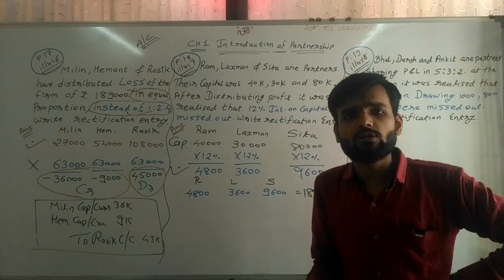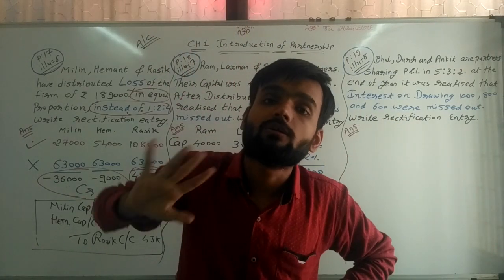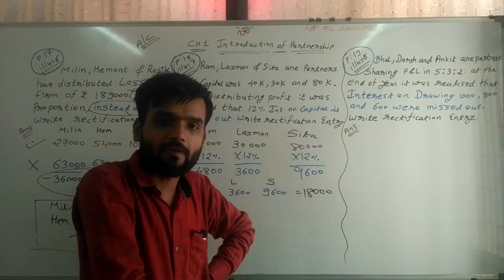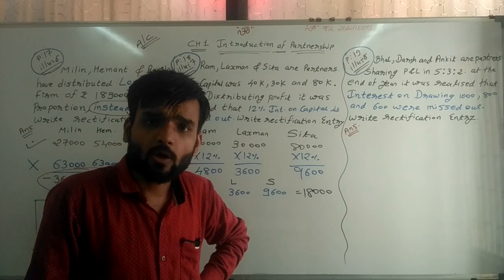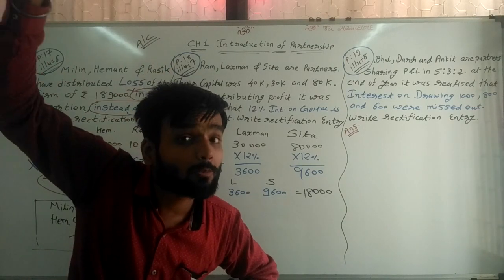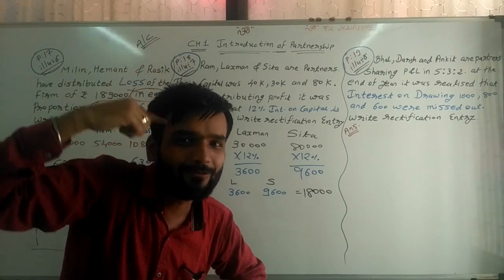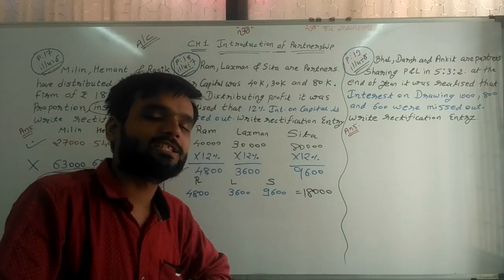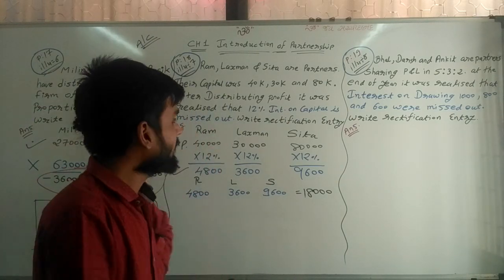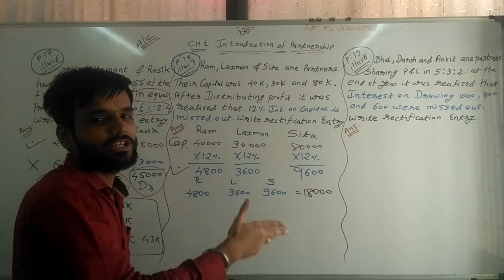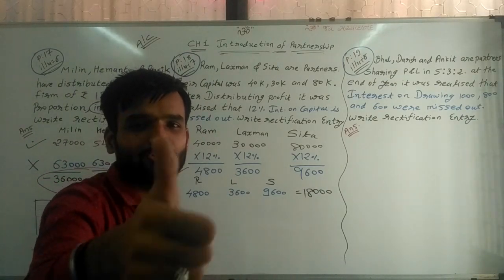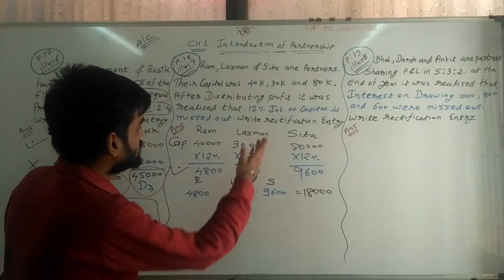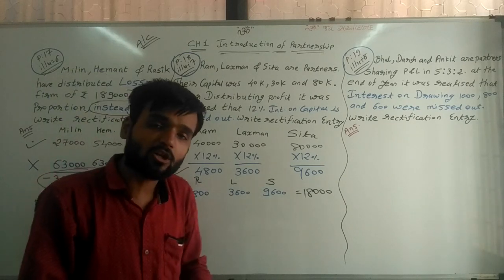Now what is the wrong calculation? Sir, we have distributed the profit without giving this interest effect. Now in which proportion was the profit distributed? Remember, sir, it was distributed in equal proportion. Why equal? Here the P&L ratio is not given to you. Otherwise, profit would be distributed in the profit and loss ratio.